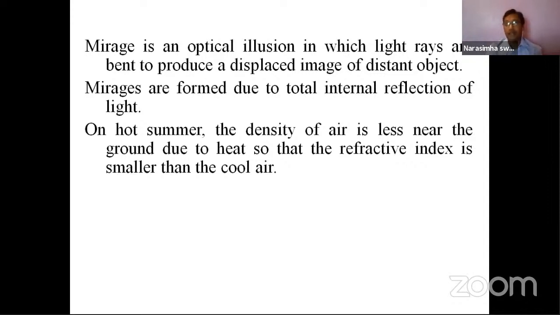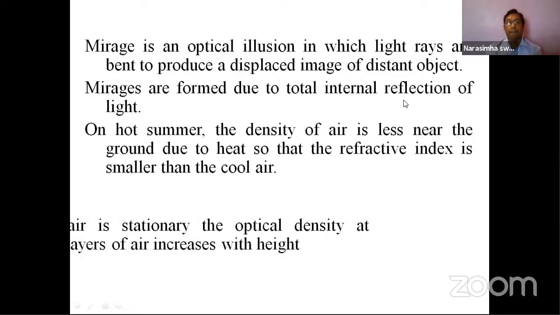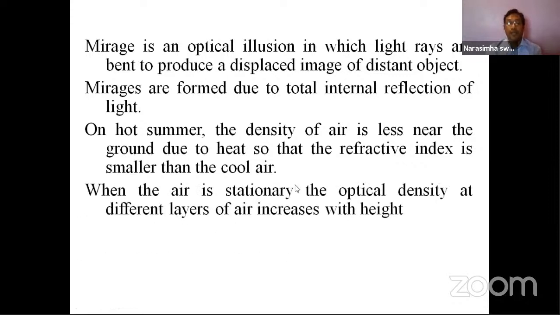Now, refractive index is smaller, what does it say? When the air is stationary, the optical density at different layers of air increases with the height. Near the ground, heat will be more, so the density will be small, and as you move upward from the earth, layers of atmosphere form as per the density.